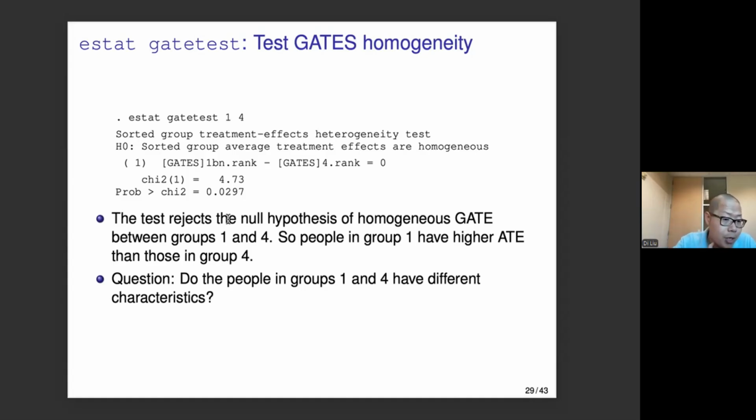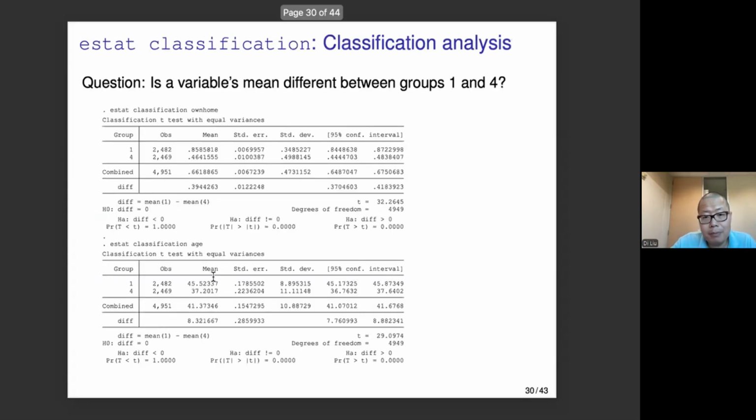Then the question is, how do the people in group 1 and group 4 differ in characteristics? That comes to classification analysis. For example, we can ask whether the variable means differ between group 1 and 4. For example, we can ask how the percentage of owning a home differs between group 1 and 4. We can do the classification on owning a home.